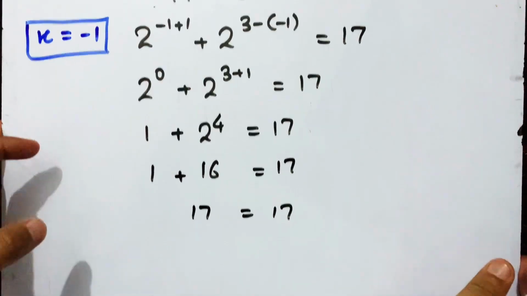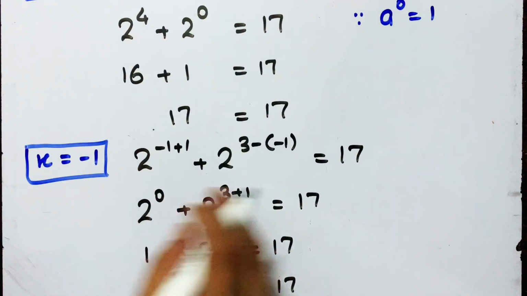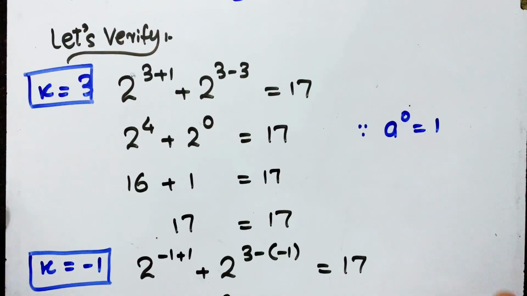So these two values, x equals minus 1 and x equals 3, are satisfactory.